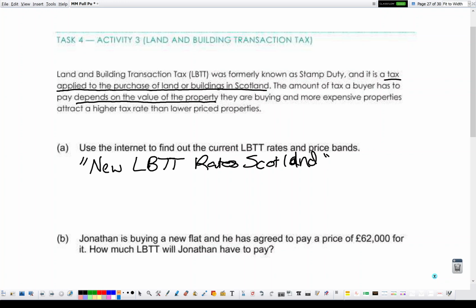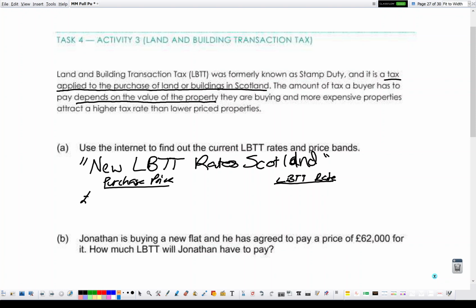So this was changed as of July 2020. These new price bands. So you have the purchase price here, and you have the LBTT tax rate over here. It used to be that anything that cost £0 up to £145,000 didn't have to pay anything, 0%, but they've actually raised that now.